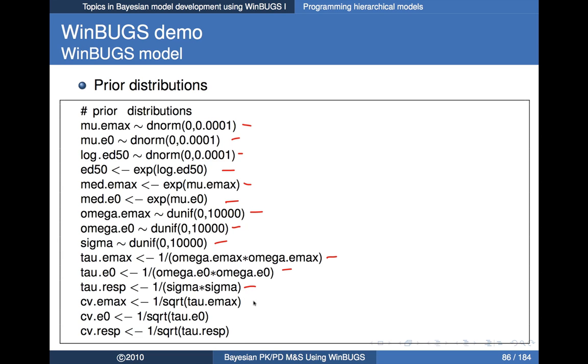I also converted some of these to CVs too. Why did I do that? I forget. Actually, it's unnecessary, come to think of it, because that's the same as the originals. But anyway, we can ignore the CVs on this. So that's actually the whole thing.